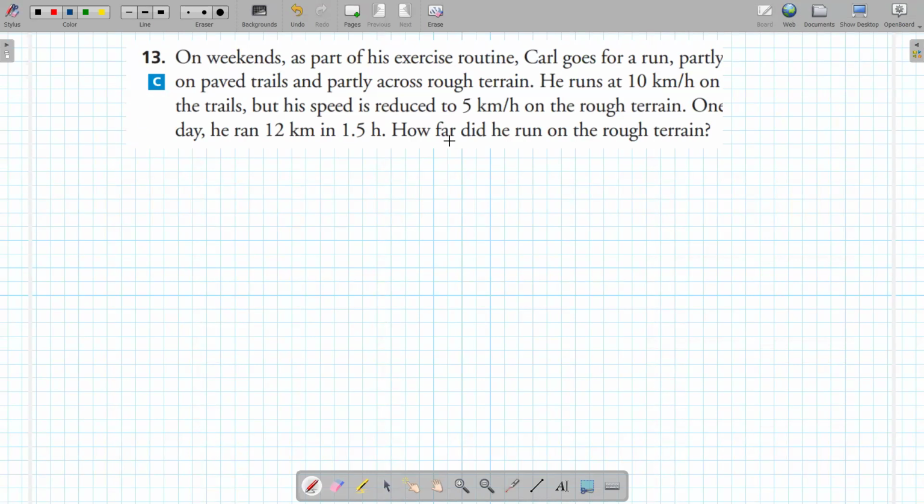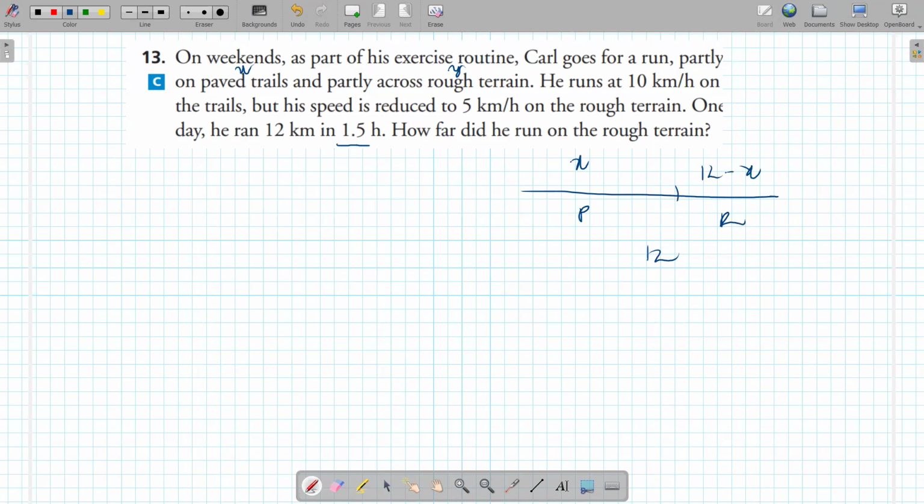Whether he was running on the paved trails or on the rough terrain. So we know in total he ran 12 kilometers. So let's say the paved is X. What's going to be his distance on the rough trail in terms of X? 12 minus X. Yeah, 12 minus X.